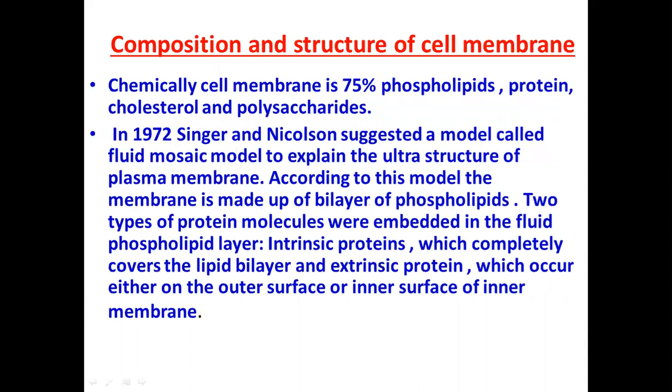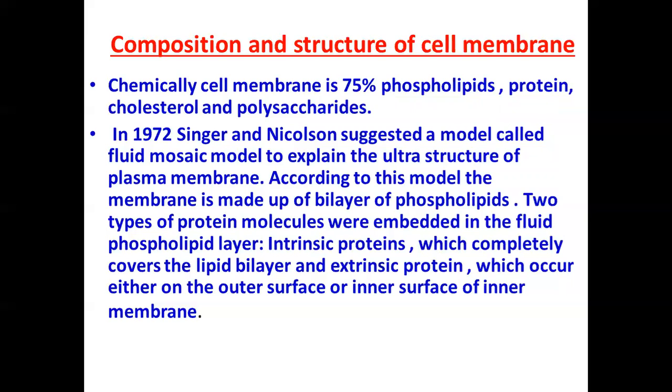Now, what is the composition and structure of plasma membrane? Basically, plasma membrane is about 7 nm thick under a light microscope. And chemically, if we analyze, then the cell membrane is 75% phospholipids, proteins, cholesterol, and polysaccharides.